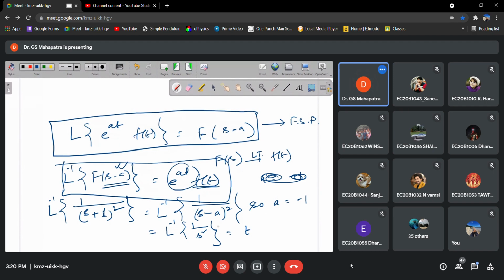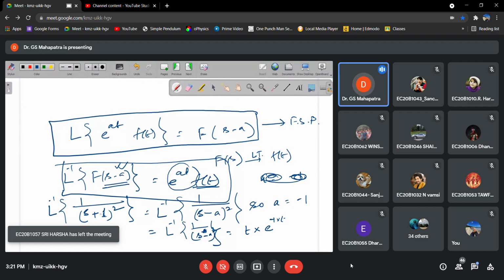Now I will change to this one, (s minus a) whole square, correct? Then what will be the change here? t into e to the power what? e to the power minus t. Why minus 1?